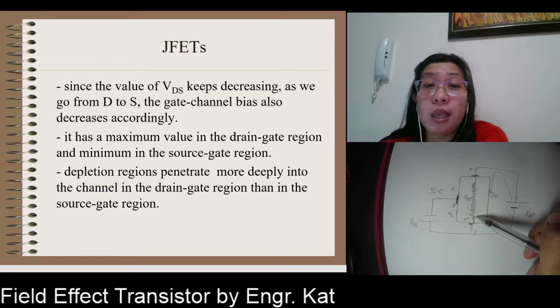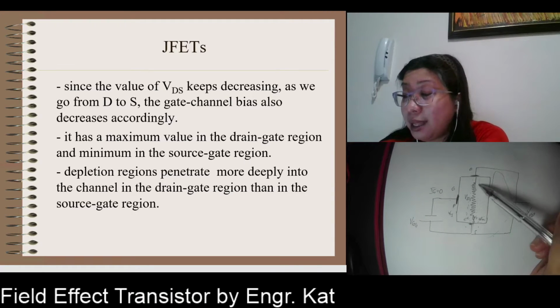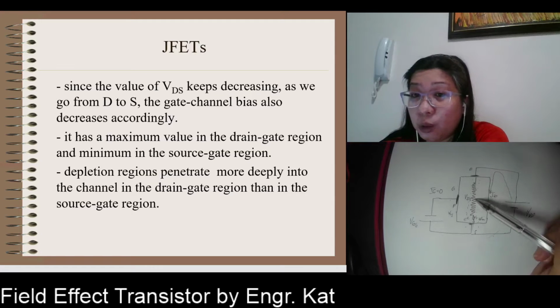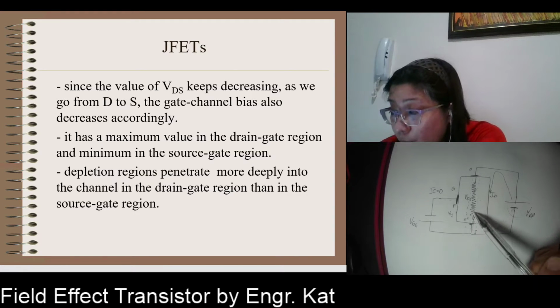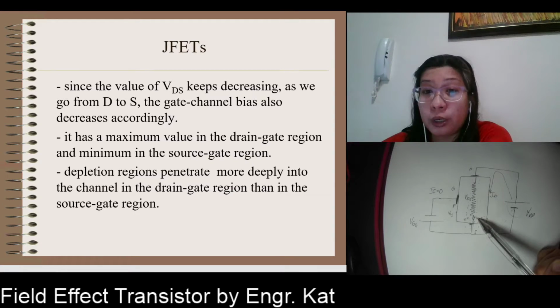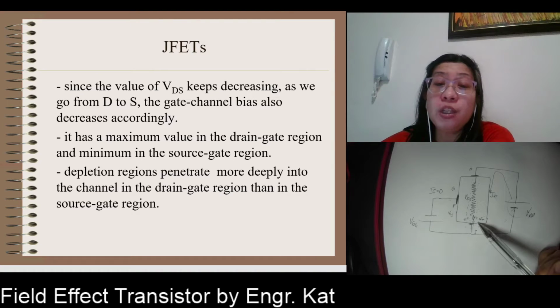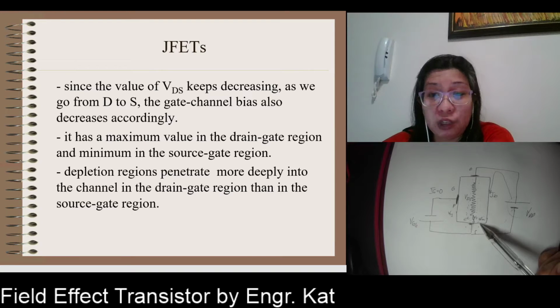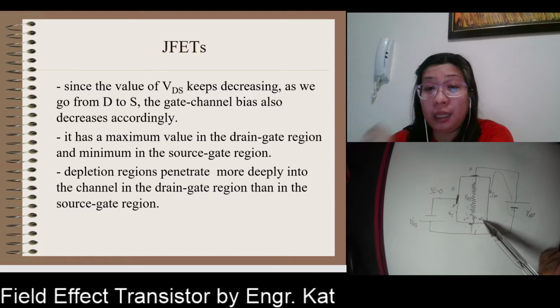Okay, so it has a maximum value at the drain gate region. It still has a greater value here and a minimum value when it comes to the source gate region. So depletion regions penetrate more deeply into the channel in the drain gate region than in the source gate region.